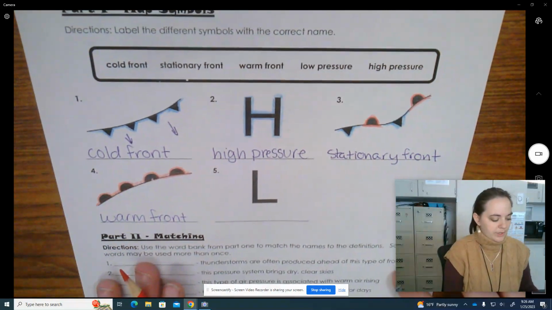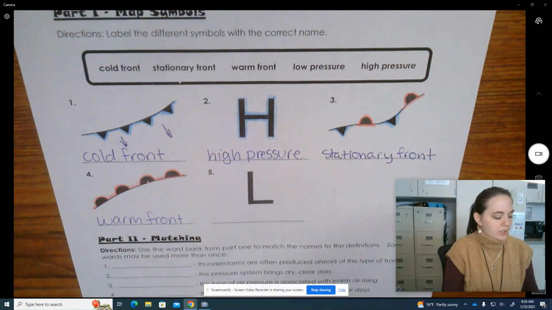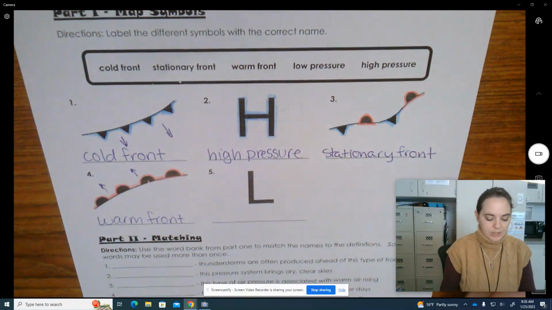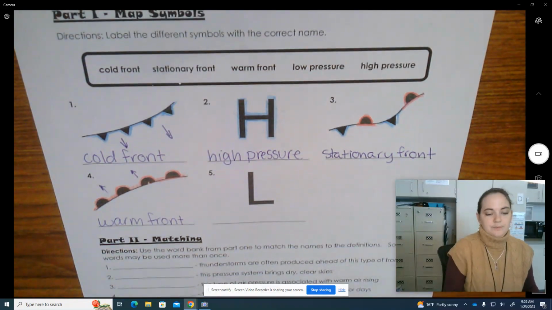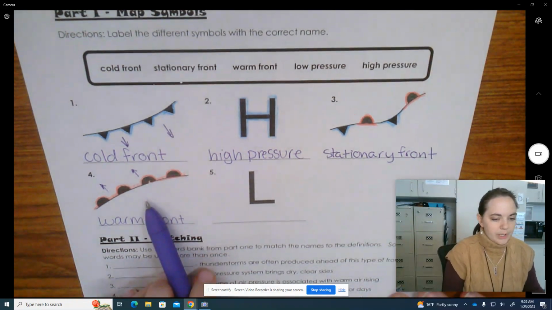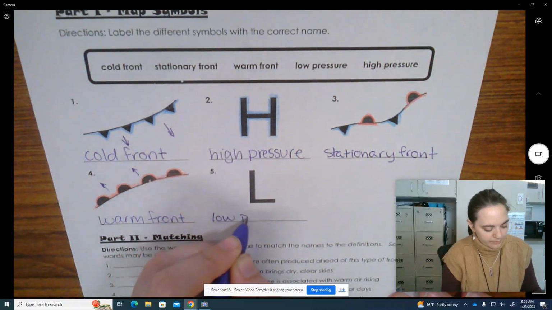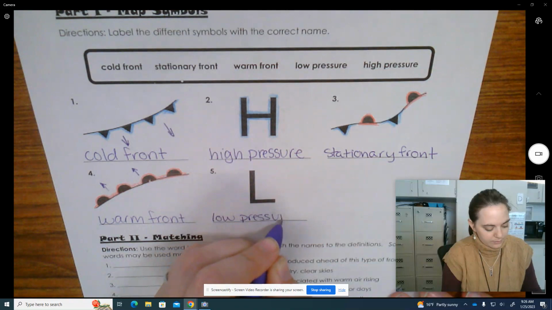A warm front is moving in the direction that those rounded tabs are pointed. And behind a warm front, there is low pressure.